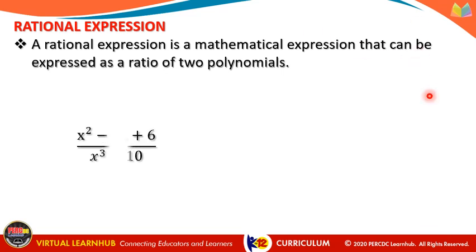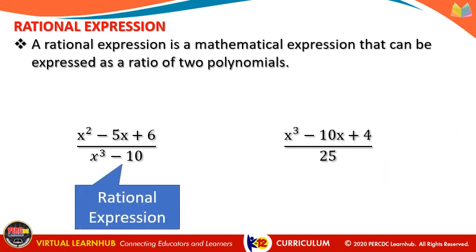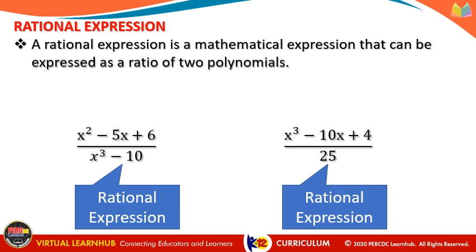So let's say we have this one: x squared minus 5x plus 6 divided by x cubed minus 10. So this is a rational expression, kasi yung numerator at yung denominator are both polynomials. Also, we have this one, x cubed minus 10x plus 4 divided by 25. This is also a rational expression because the numerator and the denominator are both polynomials. So these two are rational expressions.